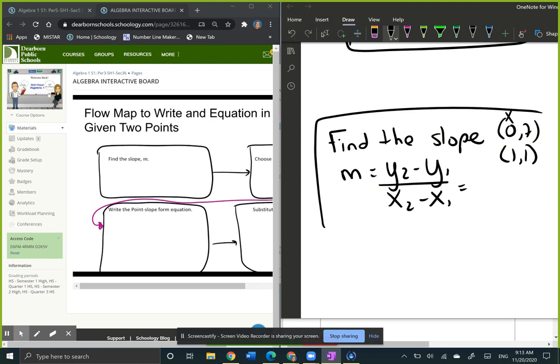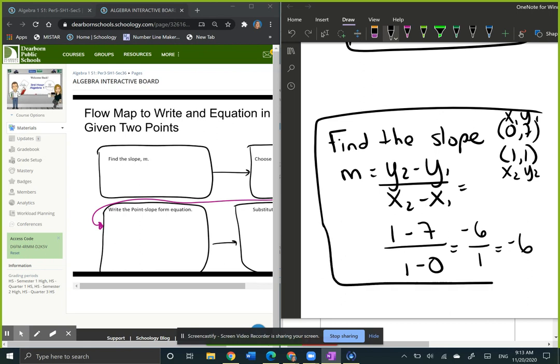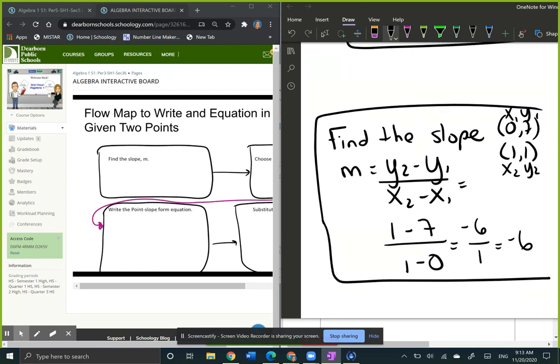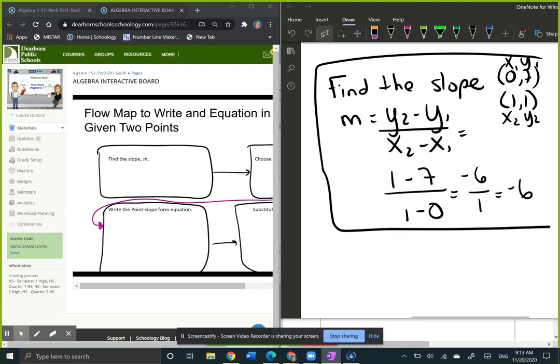So this is x sub 1, y sub 1, x sub 2, y sub 2. So we're going to put it in. So 1 minus 7 divided by 1 minus 0. 1 minus 7 is negative 6. 1 minus 0 is 1. So our slope is negative 6. Remember that if I'm going too fast, you can pause the video, rewind it.